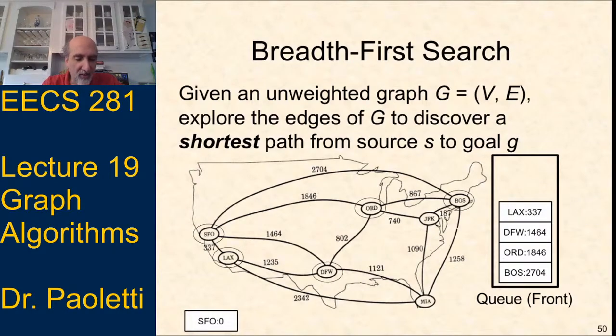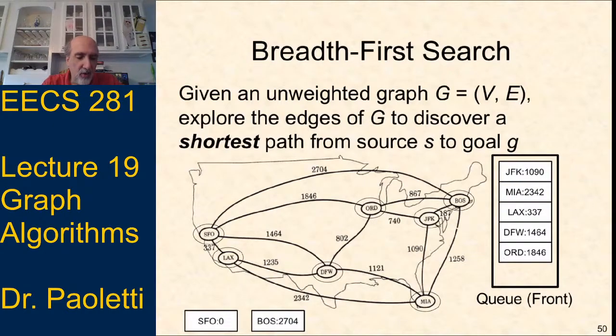and then I take out BOS. Whoops, sorry, LAX. I wasn't quite done. I forgot it was the fourth one. So I add LAX. Then we take out Boston at 2704, comes out of the queue. And then I say, okay, well, I can go to MIA, and I can go to JFK.